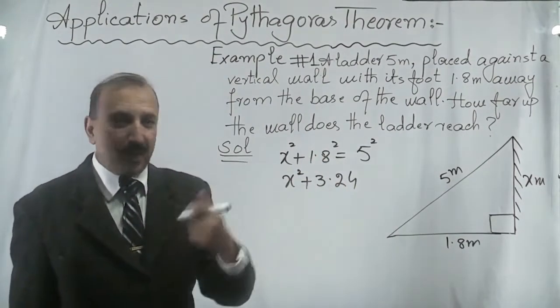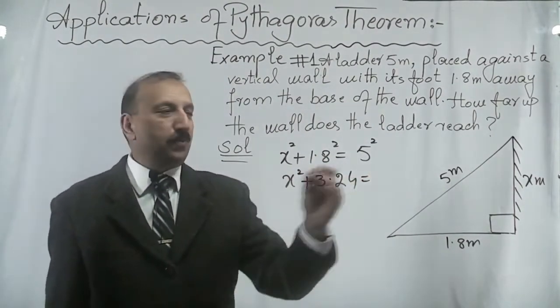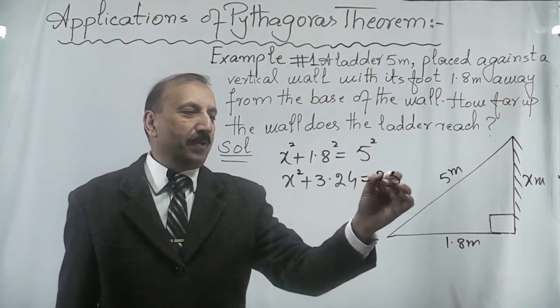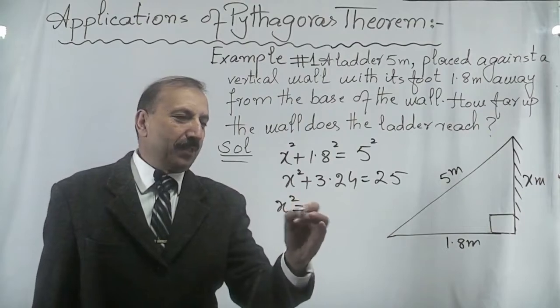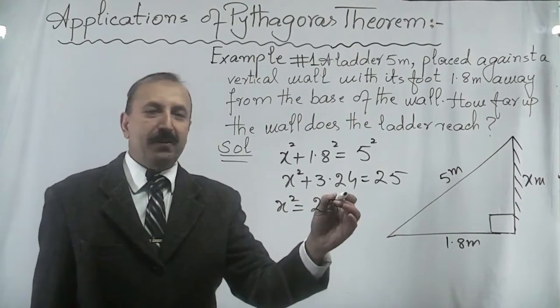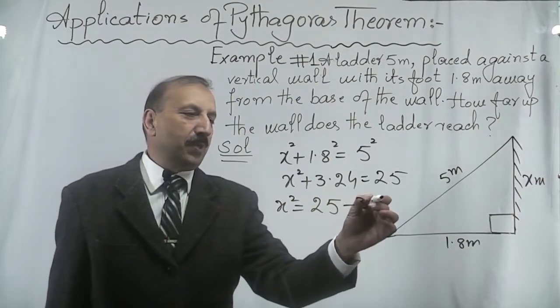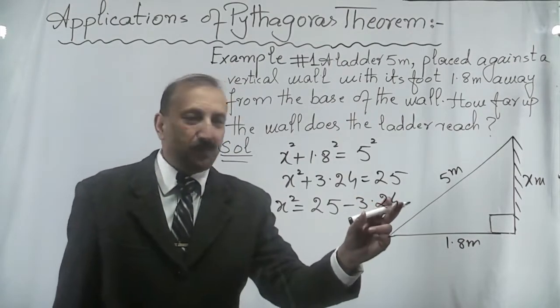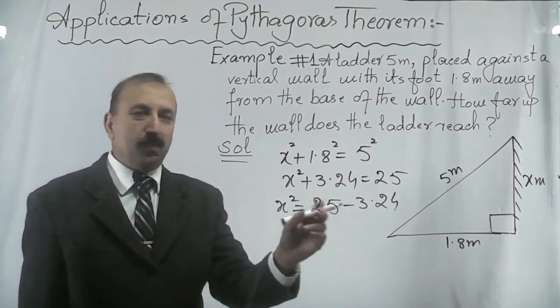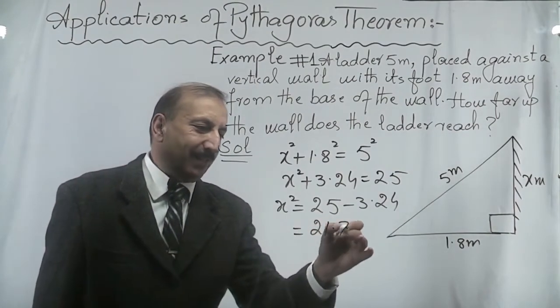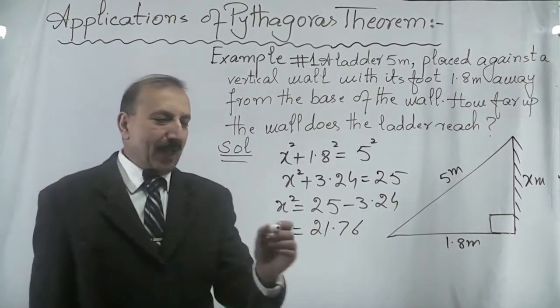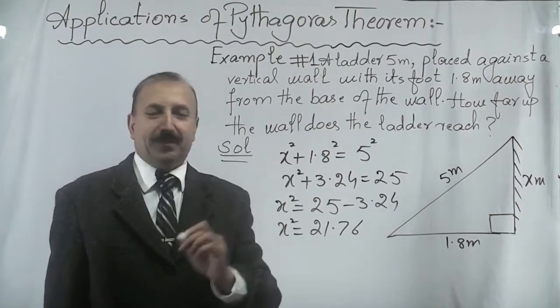Well, you can get it from a calculator. This is equal to 5 square, which is 25. Then x square will be equal to 25 minus 3.24, and when we subtract 3.24 from 25, our value is 21.76, and this is equal to x square.